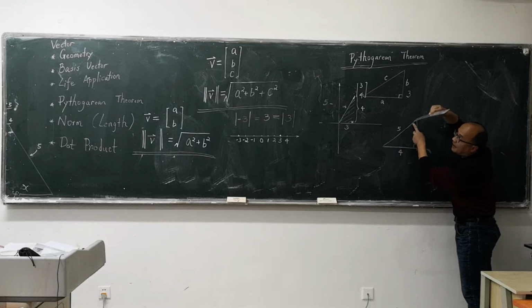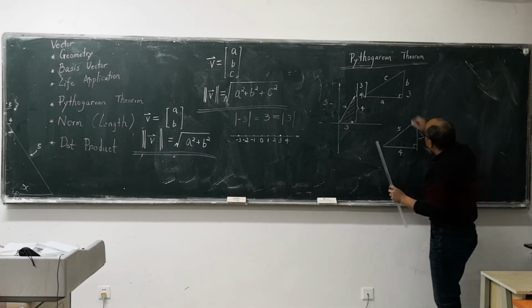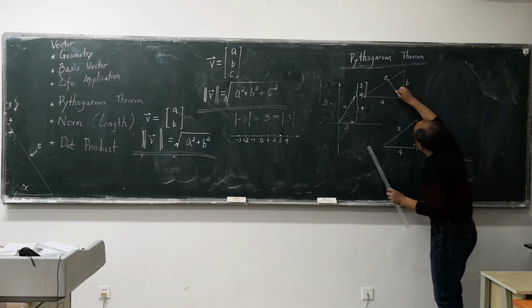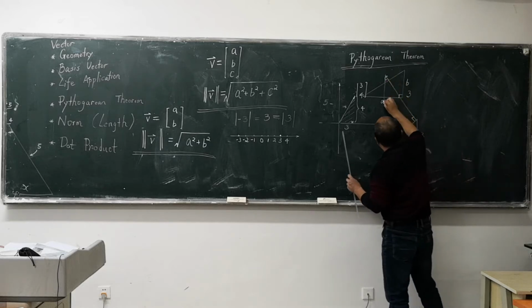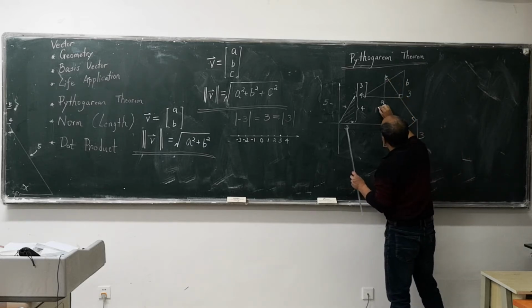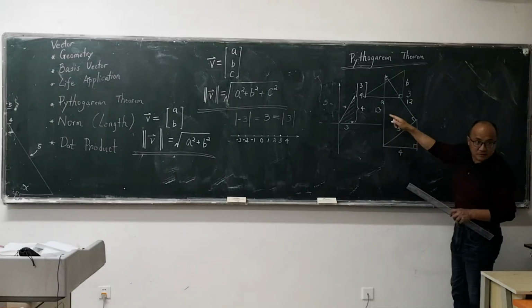One side is a 5, another side is a 12, 13. I drew it here, that was a 12, right? And you told me this is a 13, right?